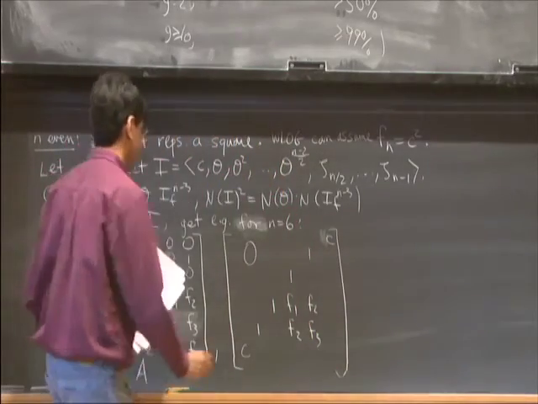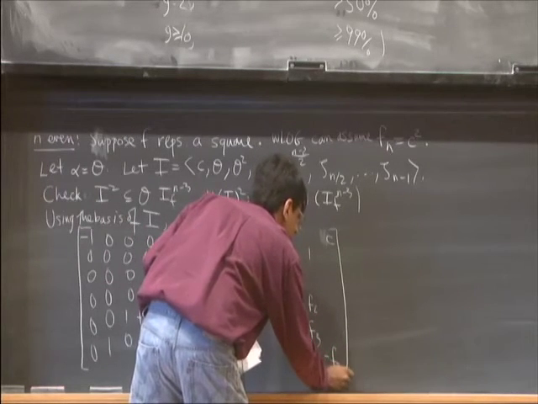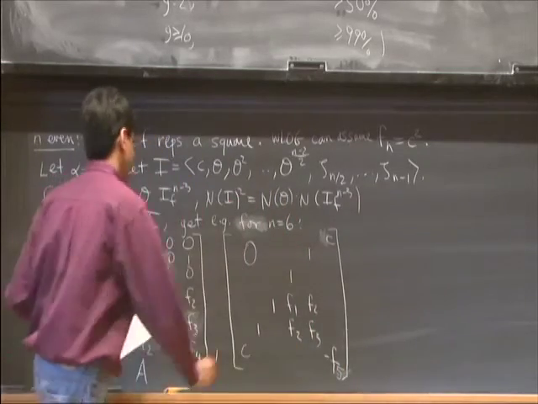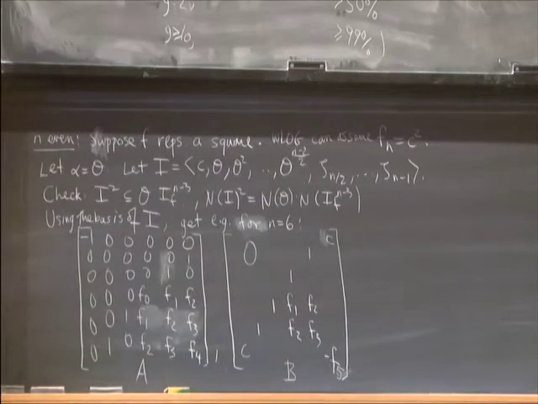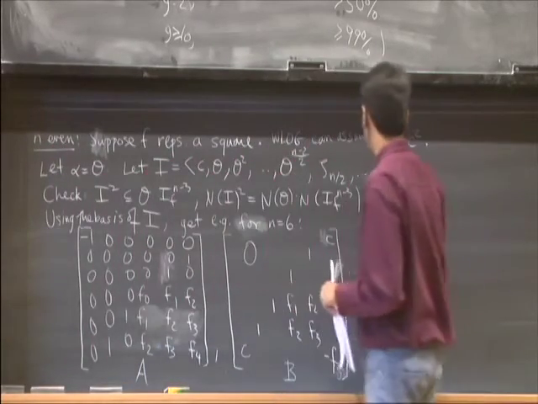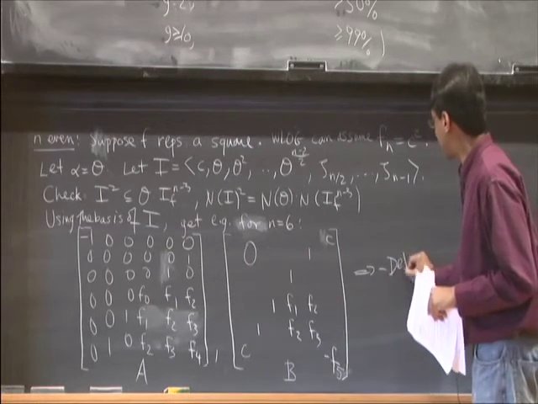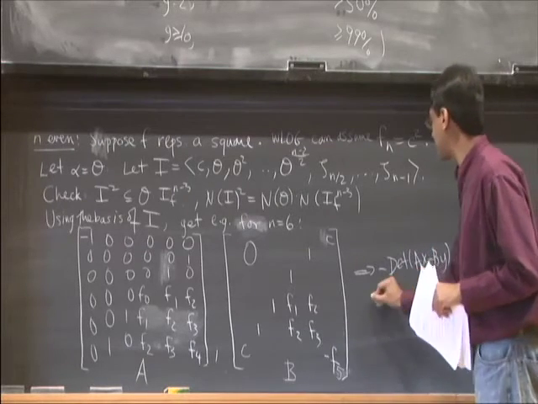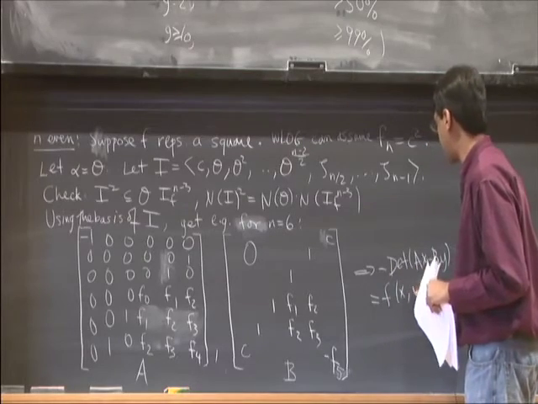And in the bottom right corner, you have a minus f5. Minus f5. And that's your B. You can see how the pattern would continue for general even n. And if you check, you find that minus the determinant of Ax plus By, Ax minus By, is equal to f.